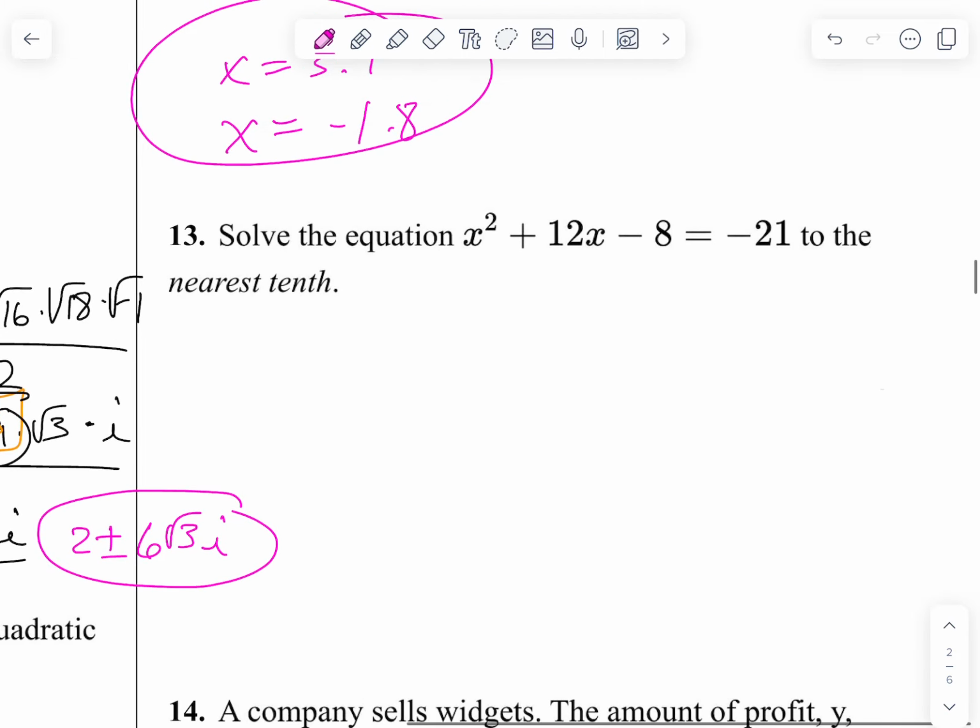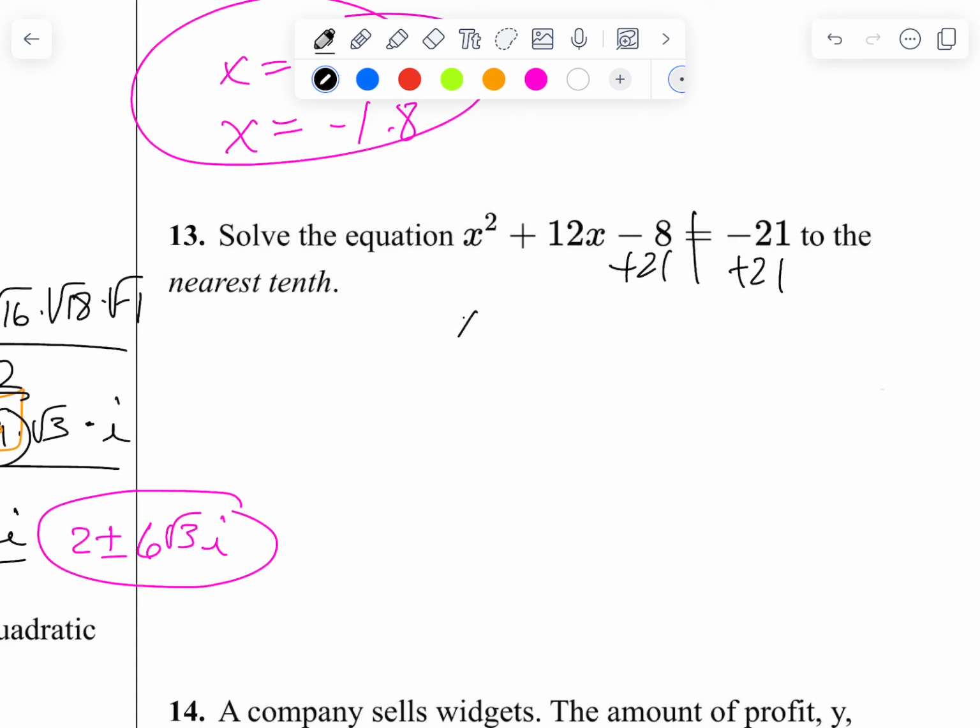Moving along here, solve this to the nearest 10th. Again, gotta set it equal to 0. X squared plus 12x plus 13 equals 0.